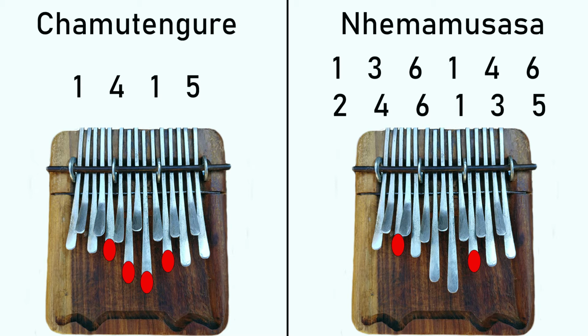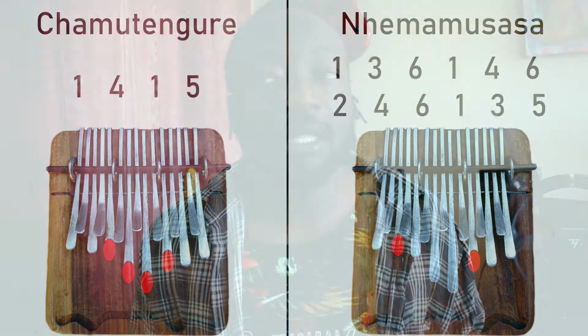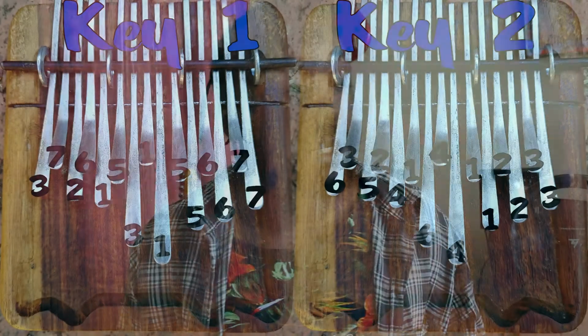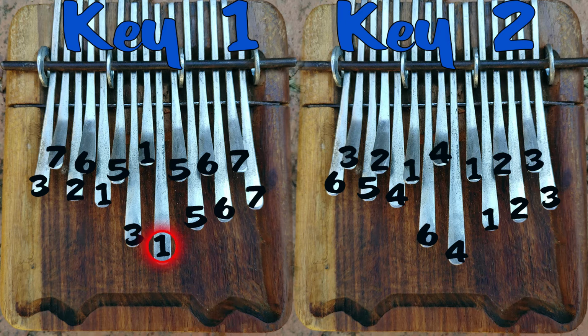The reason why it's like that is, remember, if we go back to Mbira lesson 3, where I introduced you to the numbered notation, where I showed you how the notes are laid out on the Nyunga Mbira, I gave you 2 different note layouts. There's key 1 and key 2. In key 1, 1 is here, and on key 2, 1 is here.